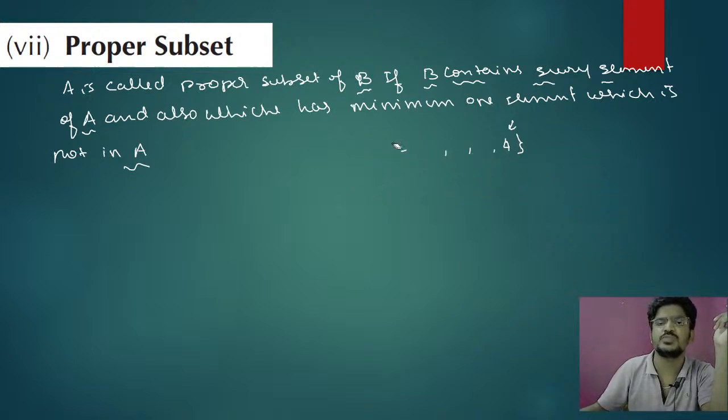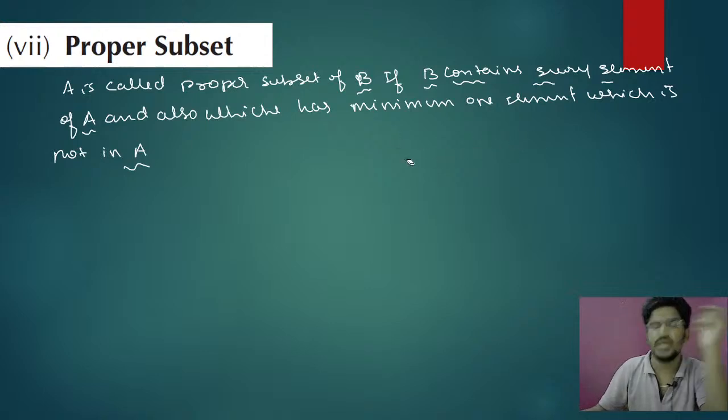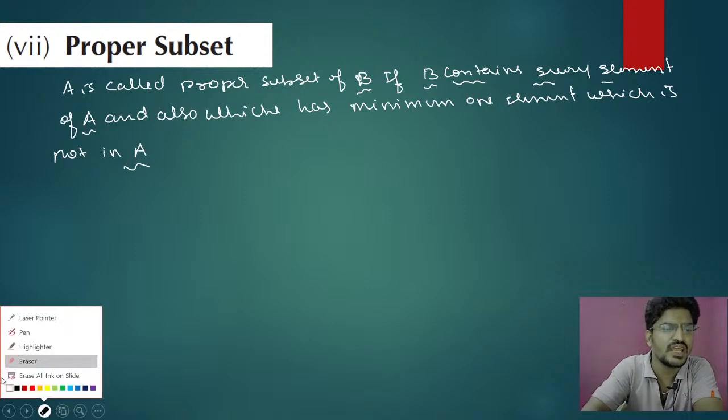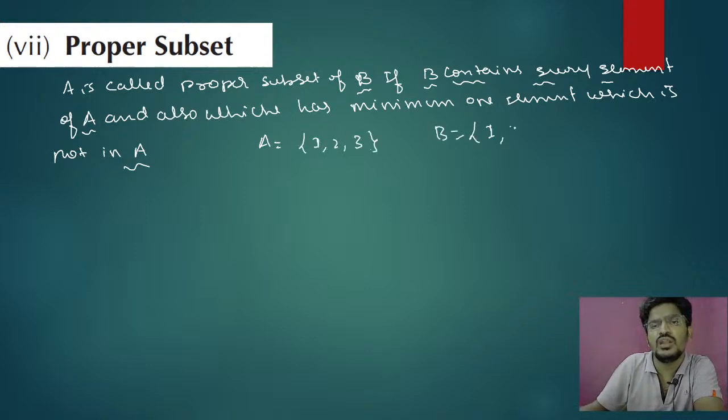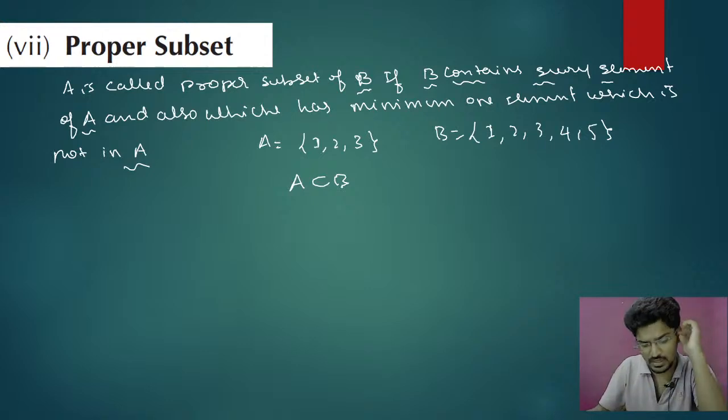Then we say that it is a proper subset. For example, A equals 1, 2, 3 and B equals 1, 2, 3, 4, 5. So A is a proper subset of B.